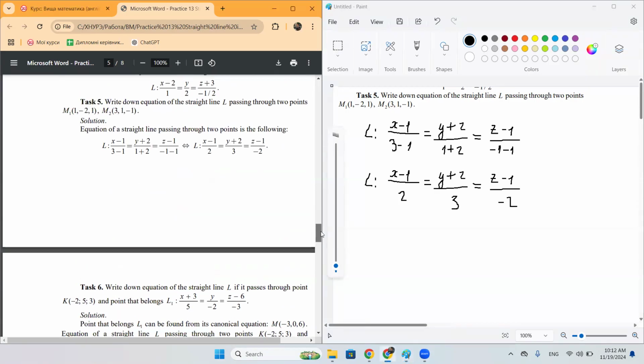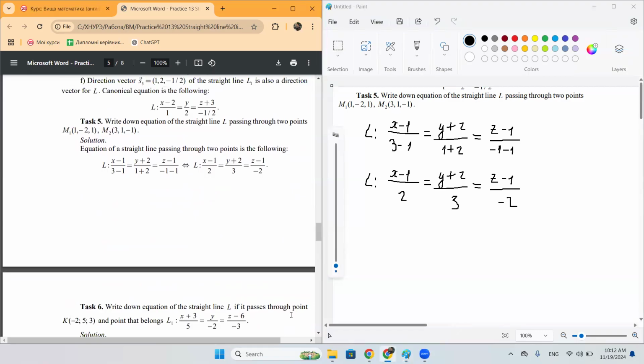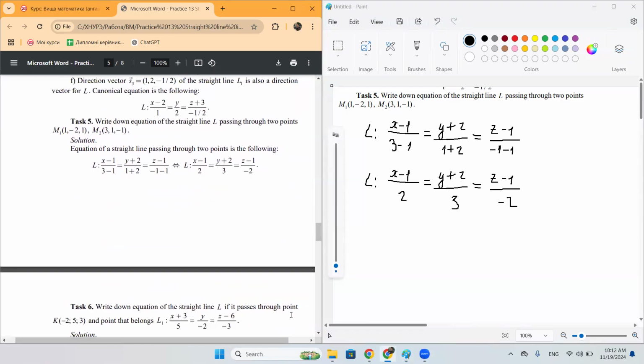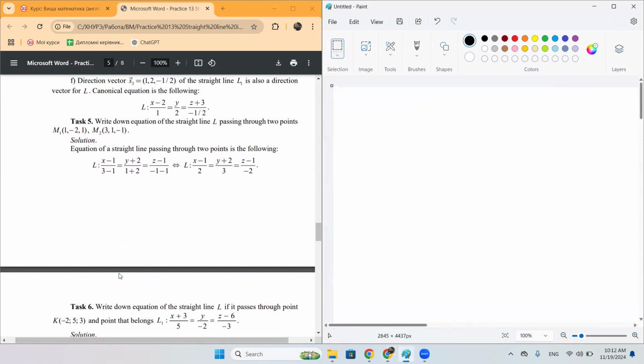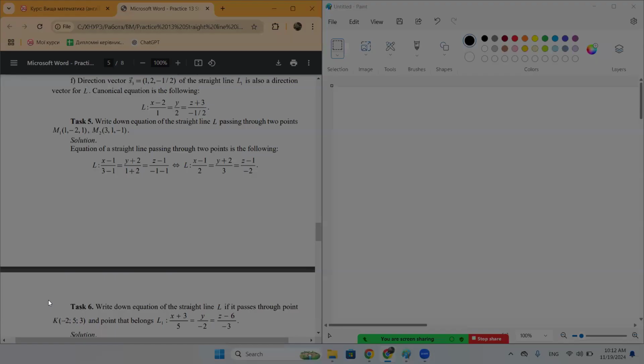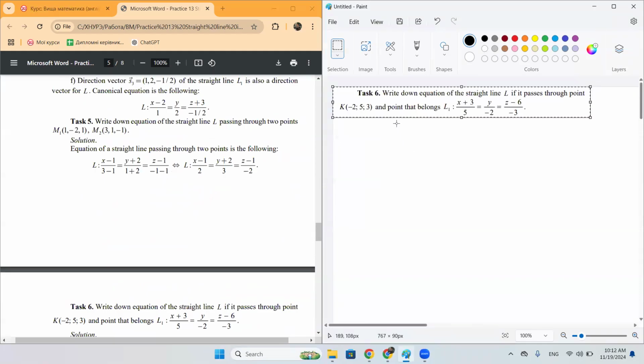So basically, it's analogical to the task 5, but a little bit, maybe not so obvious solution, but analogical. So we need to do the following.